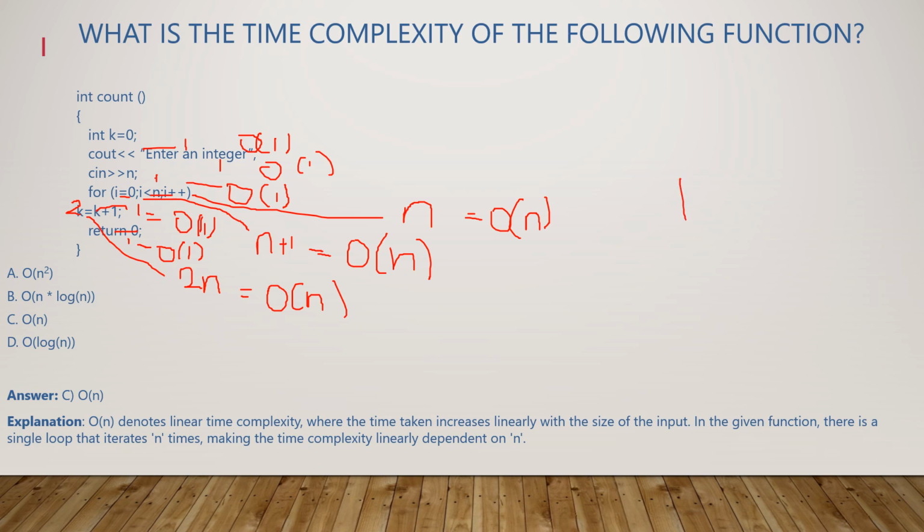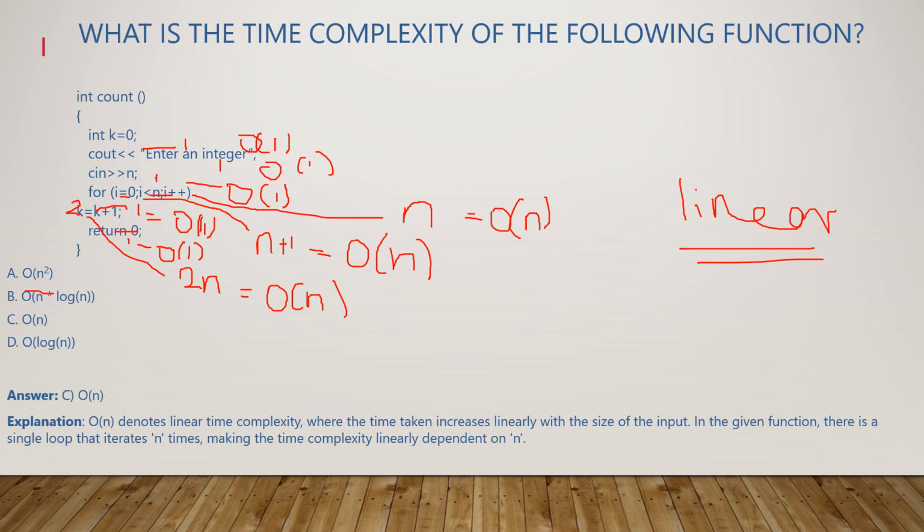That means it is a linear function. Because of this, O(n) is a linear function. That means the for loop only operates as a single loop.